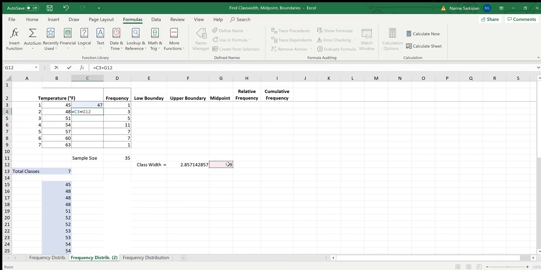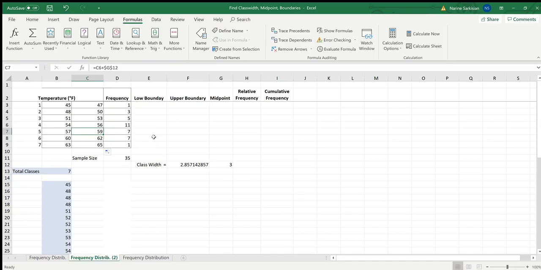Oh, I need to freeze it here also. This and this I'm freezing. Once I drag down, it will take its value and go by 3. So 50 plus 3, 53 plus 3, 56 plus 3, 59, and so on.